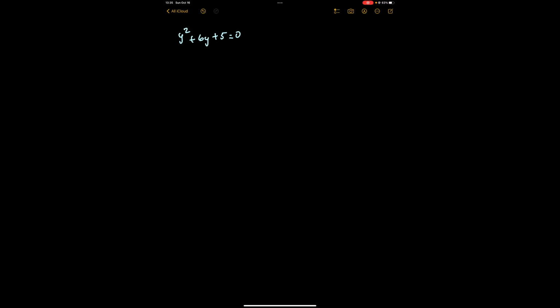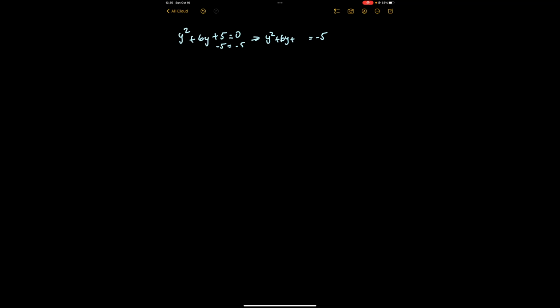So how are we gonna complete the square? First thing we have to do is remove the 5, right? So I'm gonna subtract the 5 on both sides. What that does is I'm gonna be left with y squared plus 6y, and I'm gonna keep a space over here, add a plus, keep a space, and say negative 5.